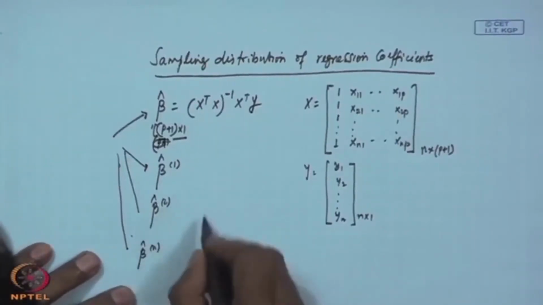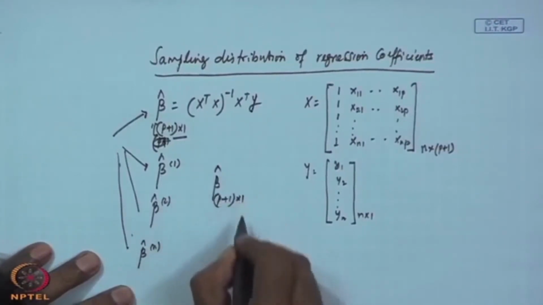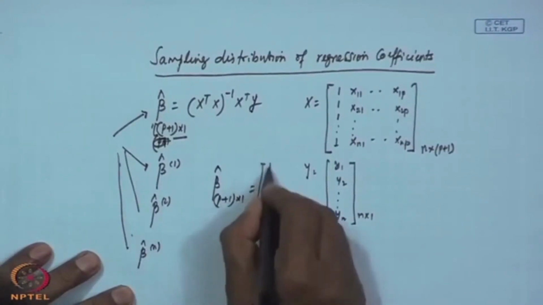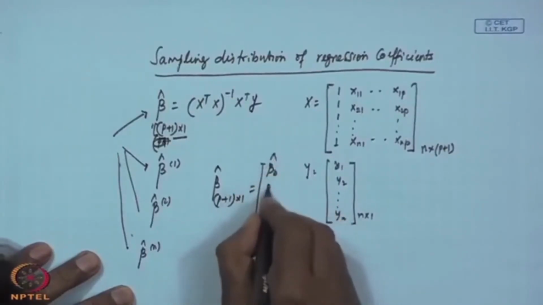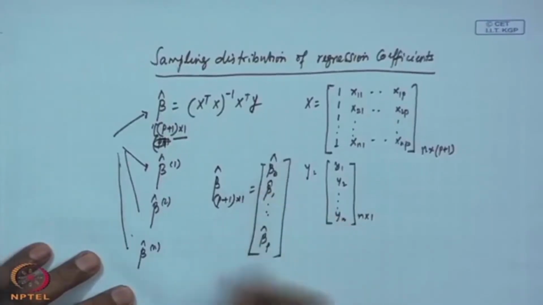Please keep in mind that beta cap is a p plus 1 cross 1 vector, that is beta 0 cap, beta 1 cap, up to beta p cap.